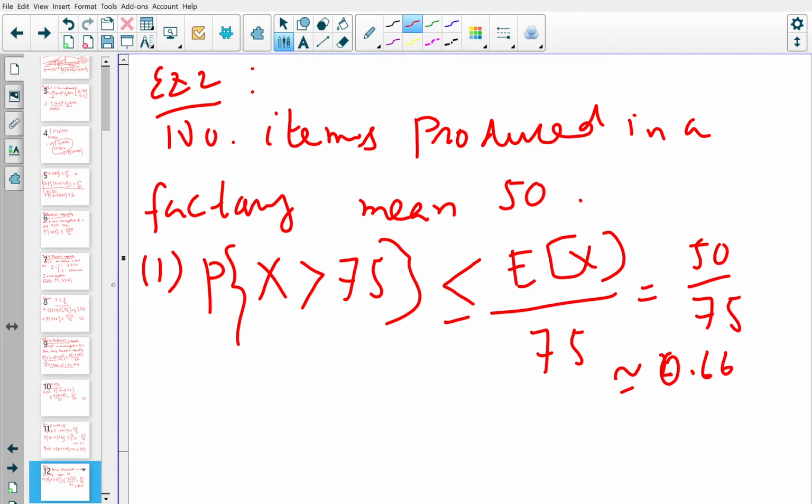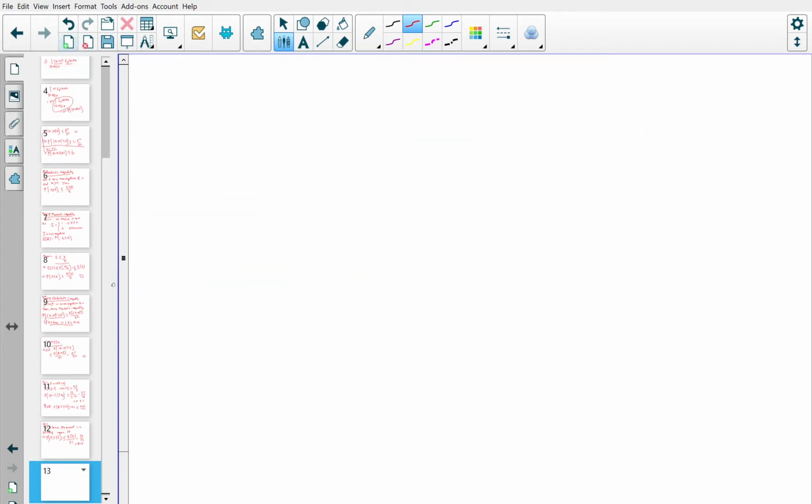That is if you don't know the variance, using the Markov inequality. But if you know the variance also, suppose the number of items produced in the factory has mean 50 and variance, say, 25.